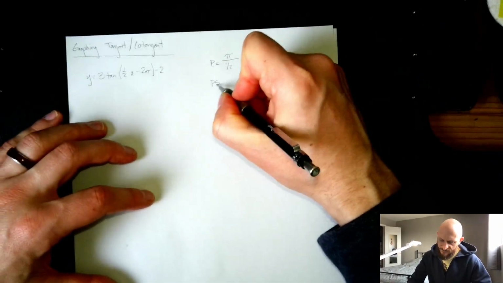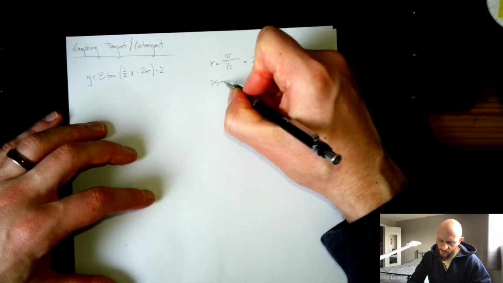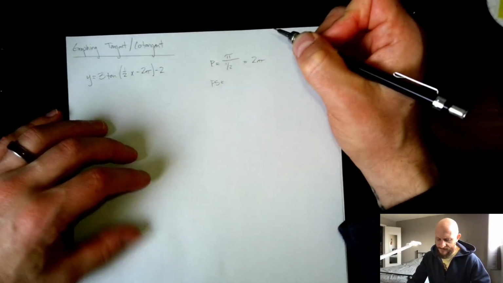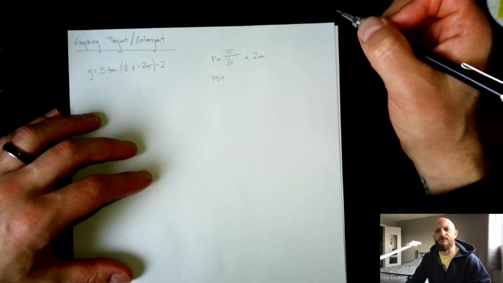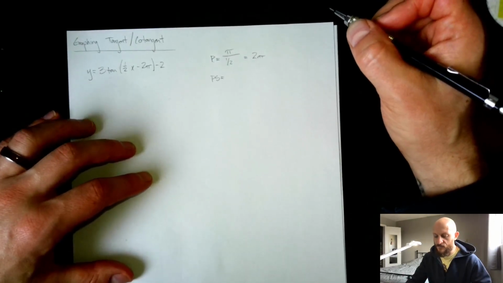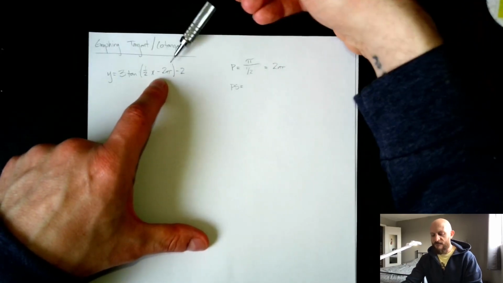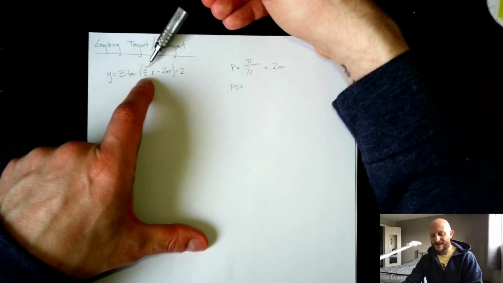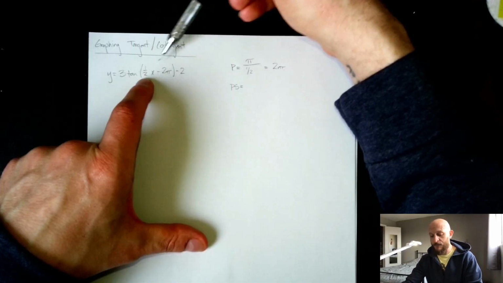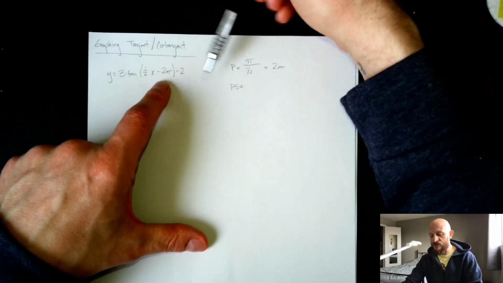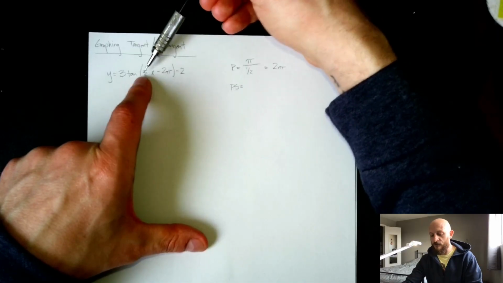The phase shift, we can say something about that, even though personally when I'm graphing these I don't actually use the phase shift for graphing it, but we can still calculate it. If you have your equation written this way where b has not been factored out of the argument, then the phase shift is c over b.